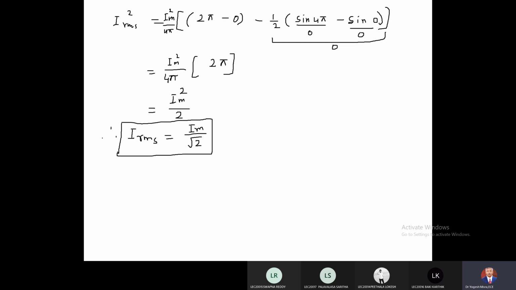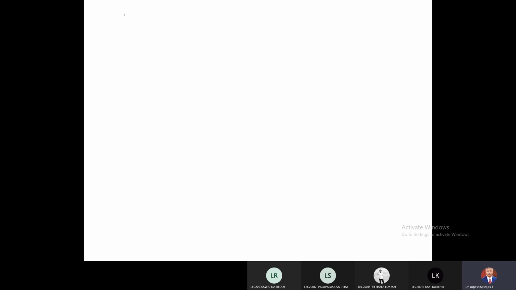In this way we will find this expression. Okay. Now we see the half wave rectifier. The circuit diagram will be like this.